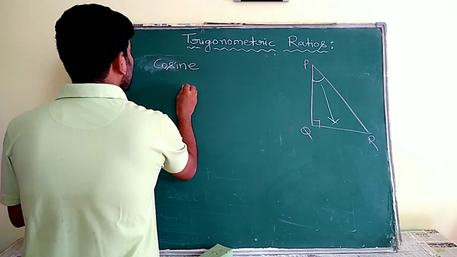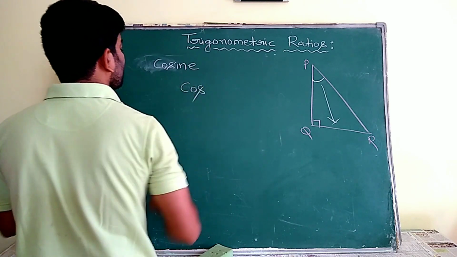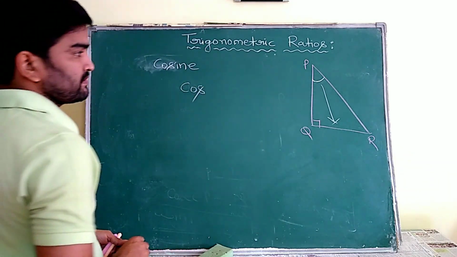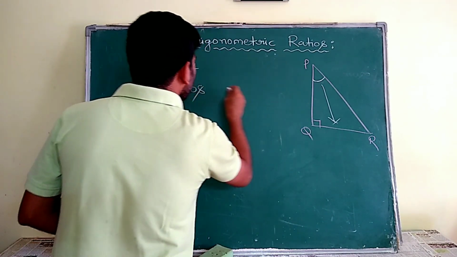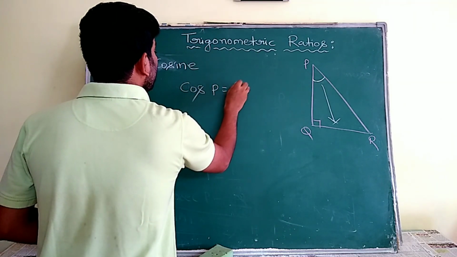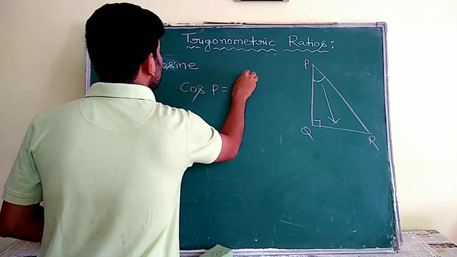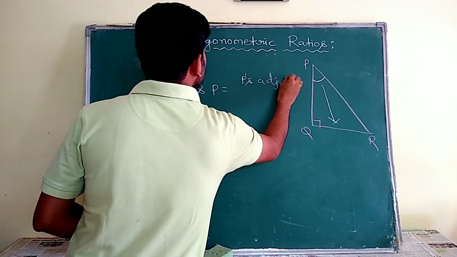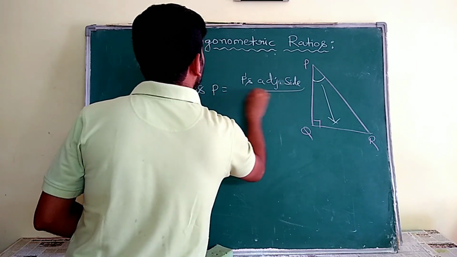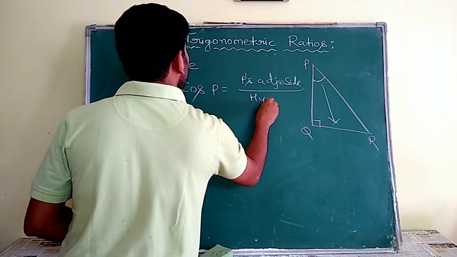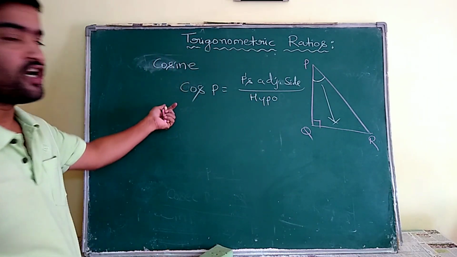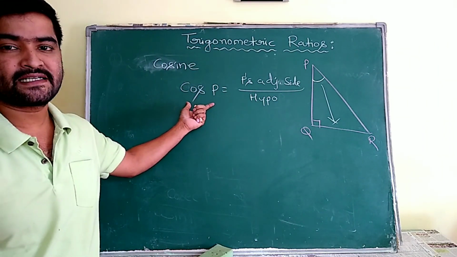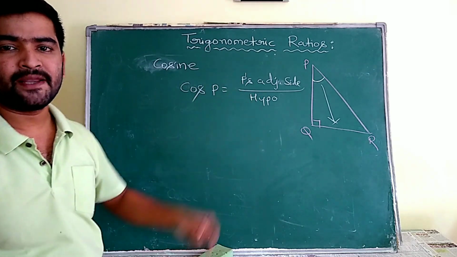This cosine is short notated as cos. What is cos? For example, I am going to consider cos p. Cos p means p's adjacent side by hypotenuse. See, cos p means p's adjacent side by hypotenuse.